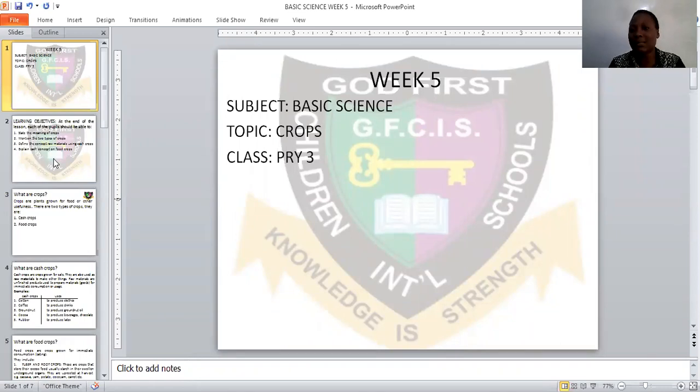The last class we learned flowers, parts, and the function of each of the parts. And we summarize everything to seed formation. We brought everything down to what is called seed formation.